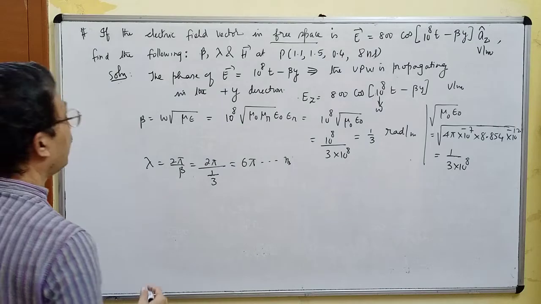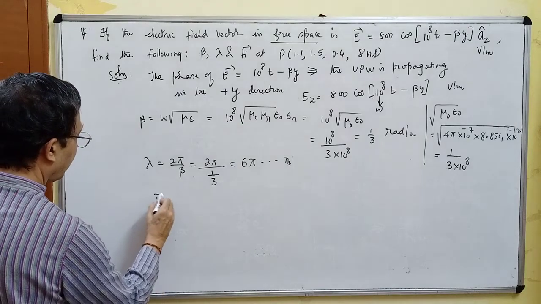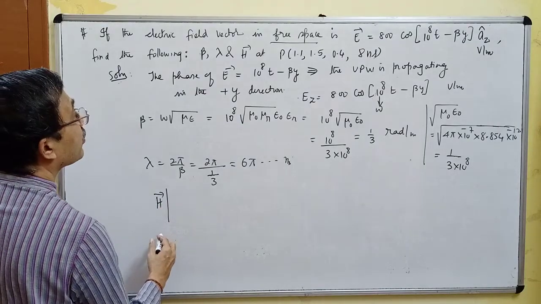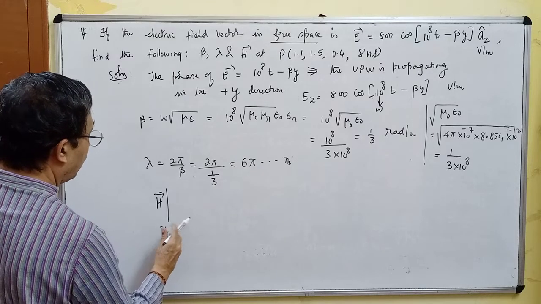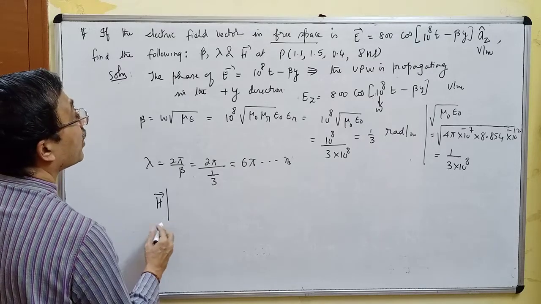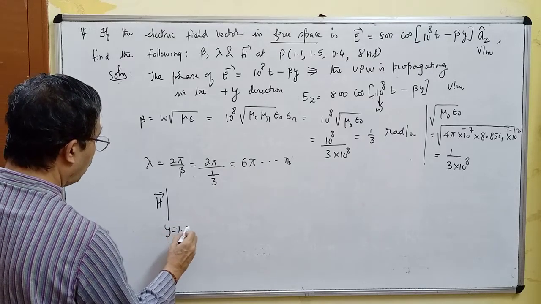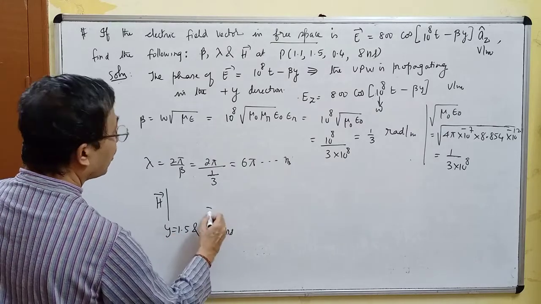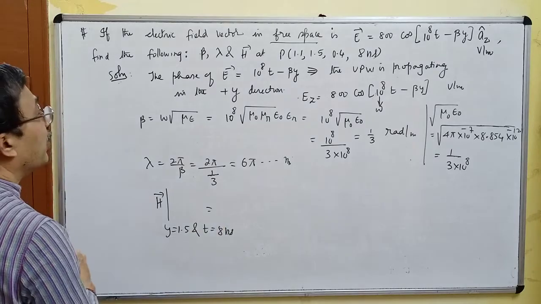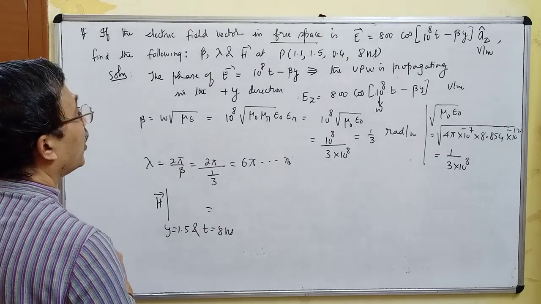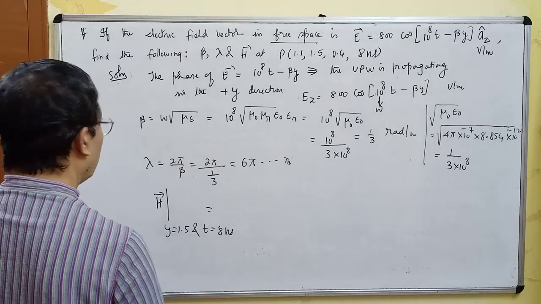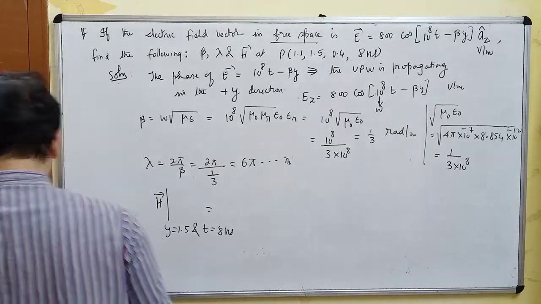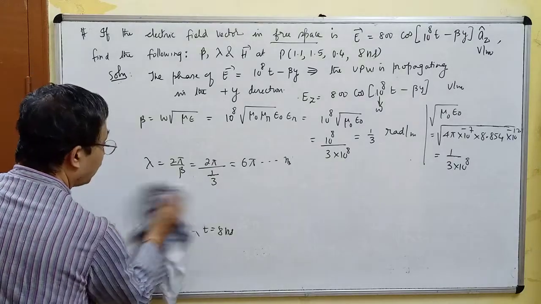Next is vector H at the point x is equal, at the point y is equal to 1.5, and t is equal to 8 nanoseconds. Vector H we have to calculate. What is vector H? To find vector H, I'll just make a comment, then we'll do the calculation.